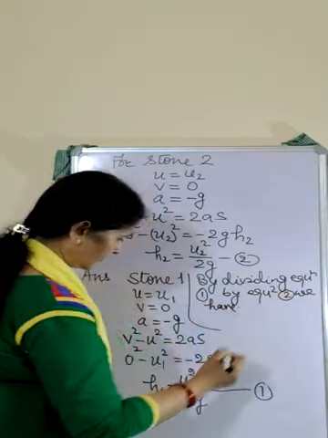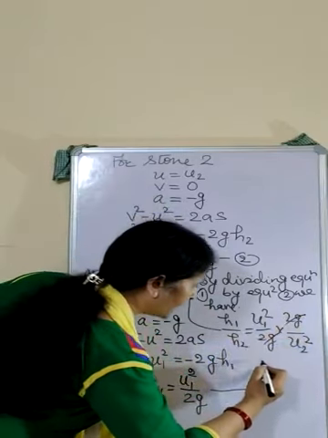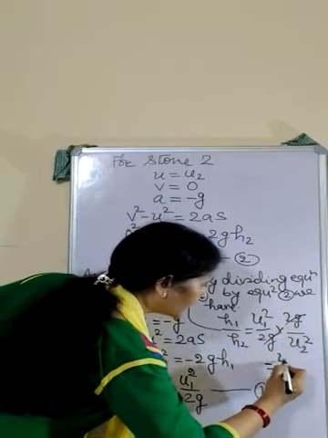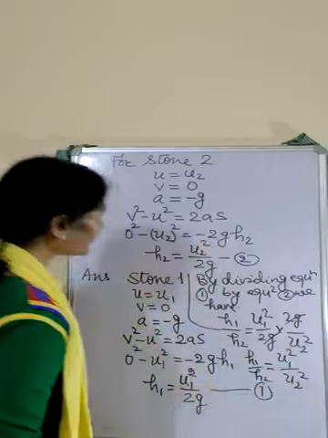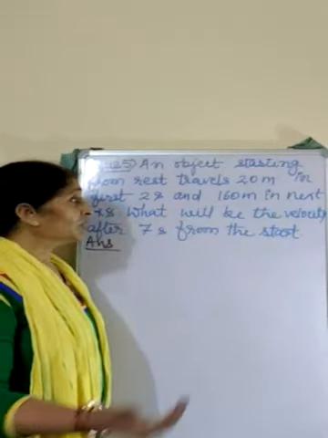This cancelled out. Then the ratio of height will be in the ratio of u1 square by u2 square. Now come to the last question.